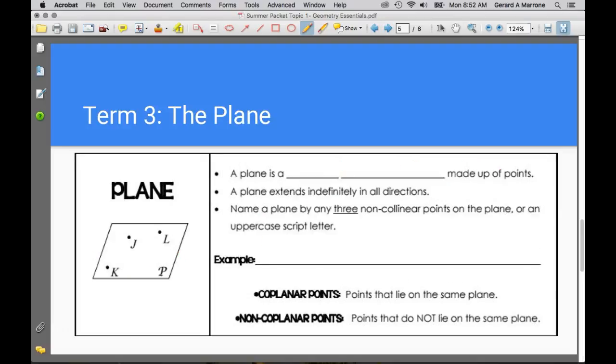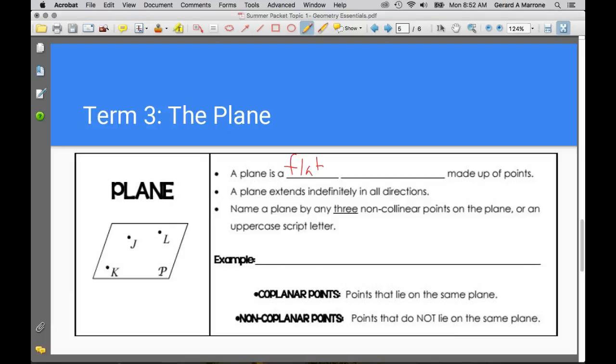Our last undefined figure is the plane. A plane is a 2-dimensional figure that extends indefinitely in all directions, as you can see on that second bullet. And in general, a plane is a flat surface. So that is its definition.